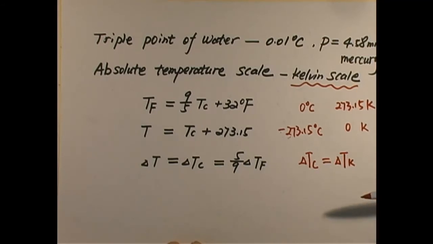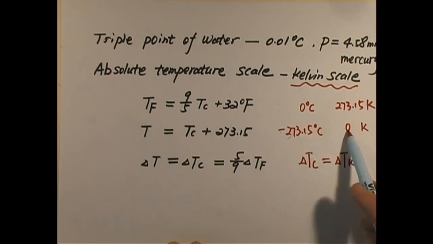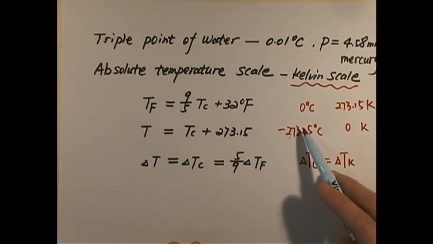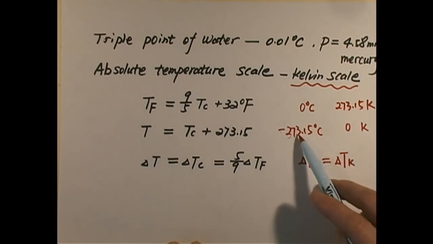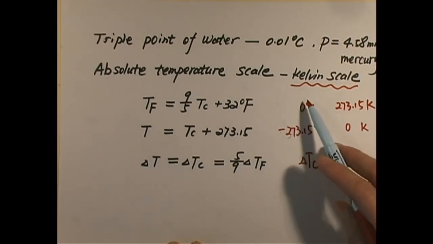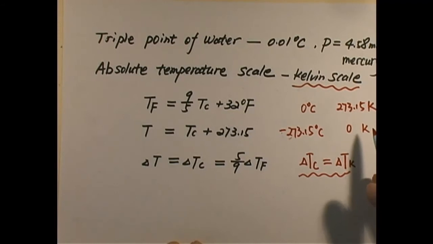They just have different starting points. Celsius starts from negative 273, Kelvin says 0. If Celsius increases by 1, Kelvin also increases by 1. So when Celsius increased by 273.15, Kelvin also increased by 273.15. This is a very interesting relationship.